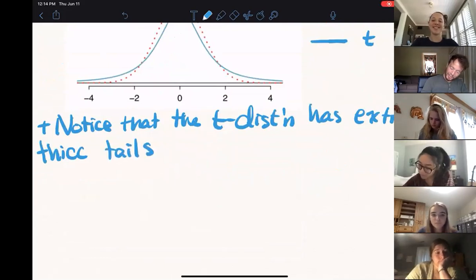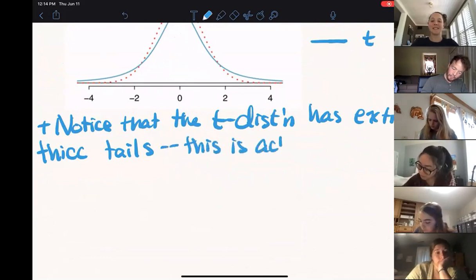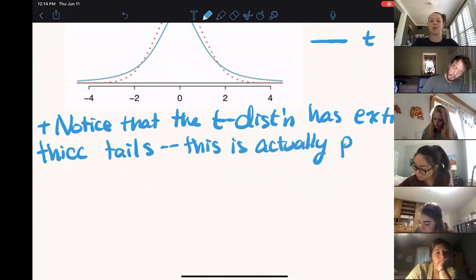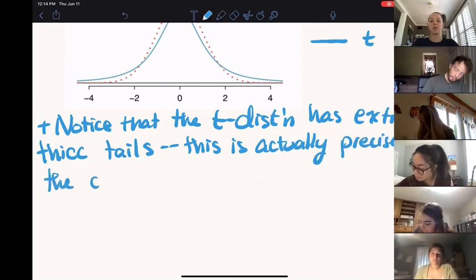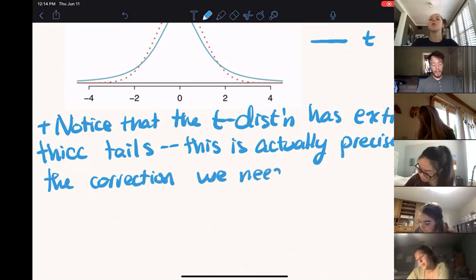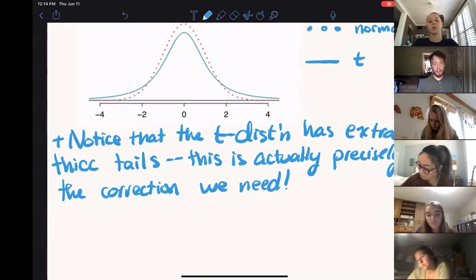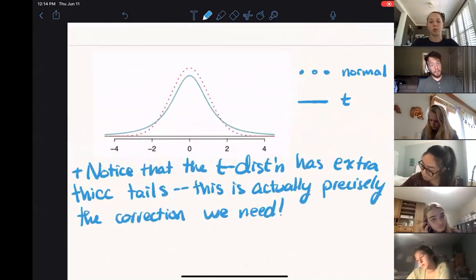And this is actually precisely the correction we need. So we can't use the normal because we don't have a big enough sample size to predict the standard deviation with the sample standard deviation.